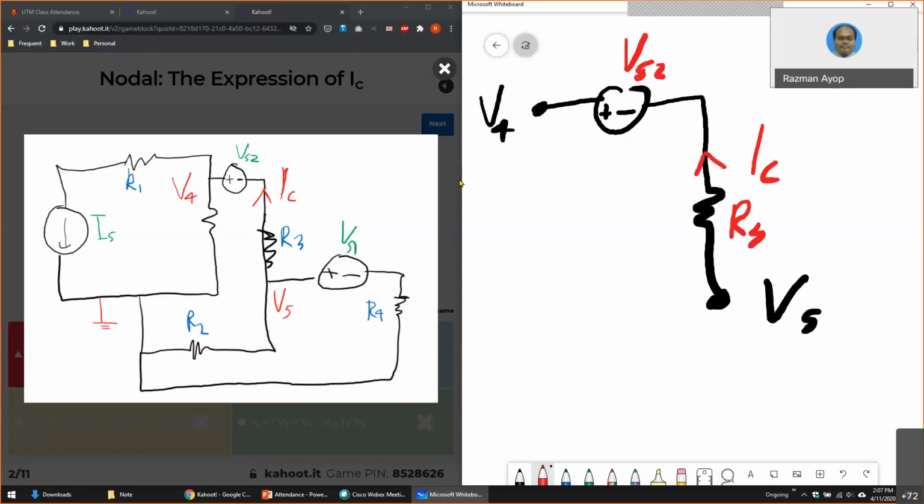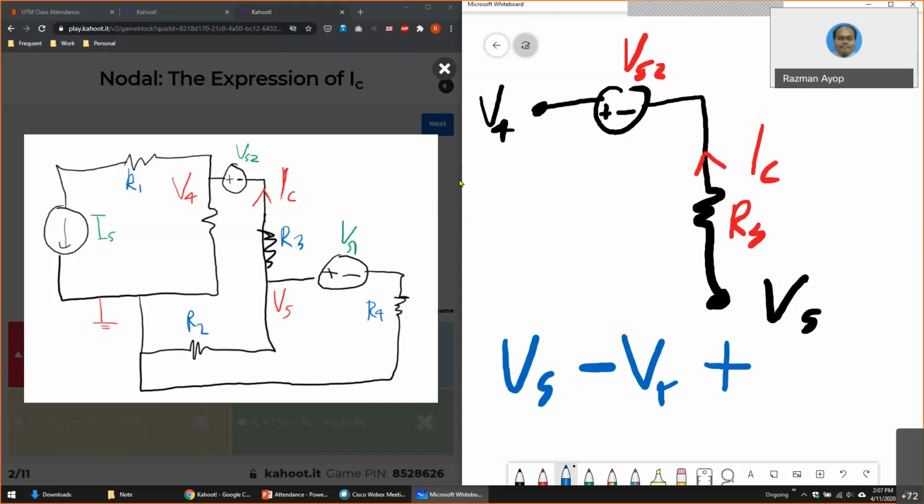So remember what I said? When you do nodal analysis, the current is from where? So from where is VS? From here to V4, minus V4. Then if you have a voltage source, if the current meets negative first, you have to invert it.